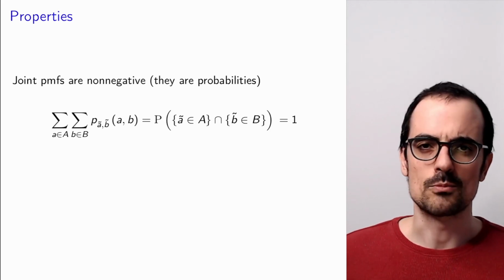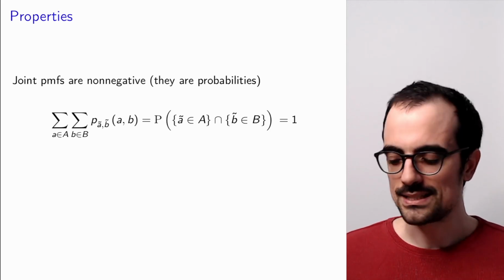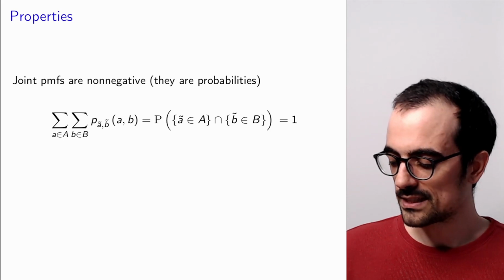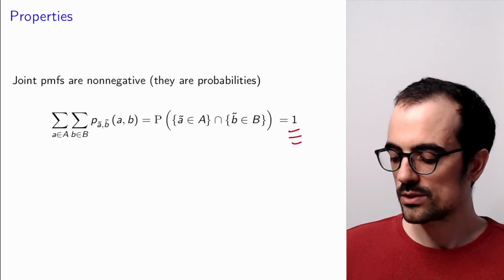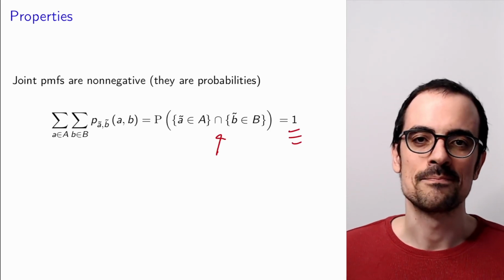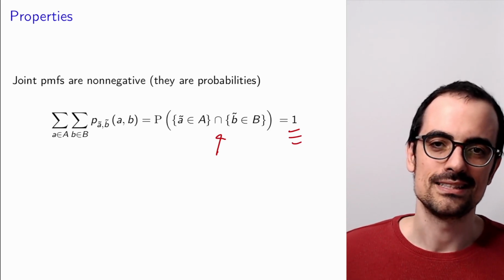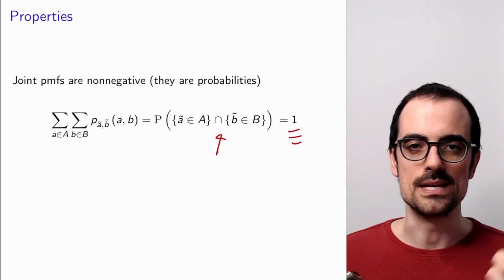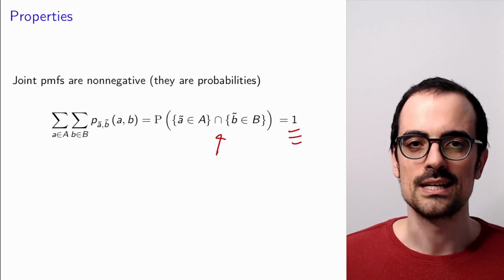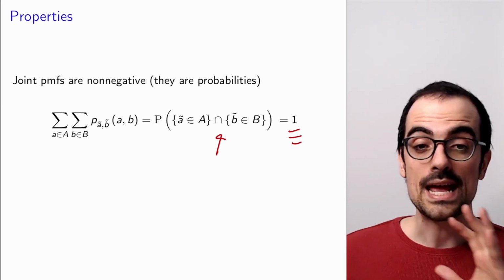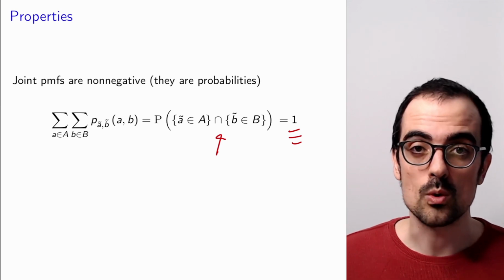If you want a more mathematical explanation, basically what we're saying is that this has to add up to 1 because we're looking at the probability of the event that any outcome in the sample space happens, right? Because the outcome has to map to some A, B that are in the ranges of A and B. So every joint PMF is going to sum to 1.